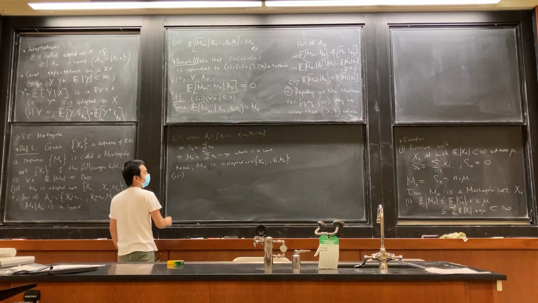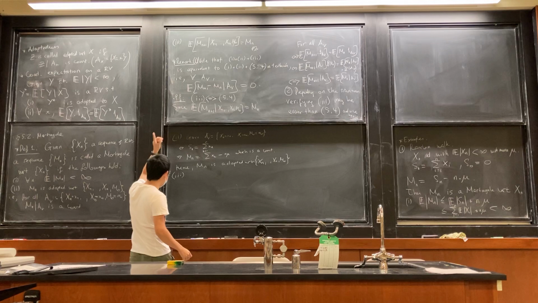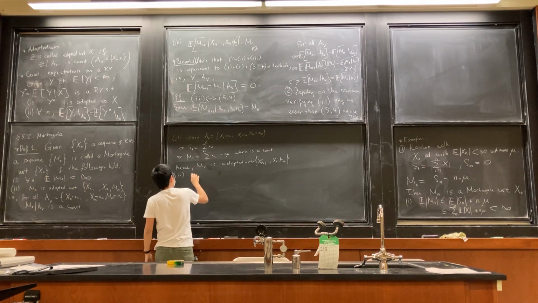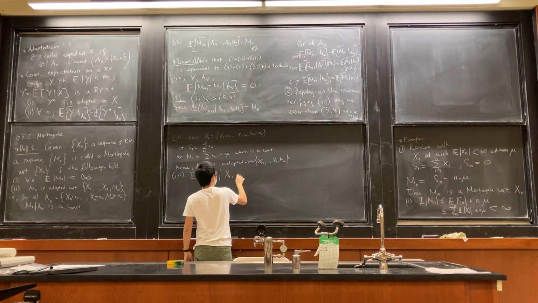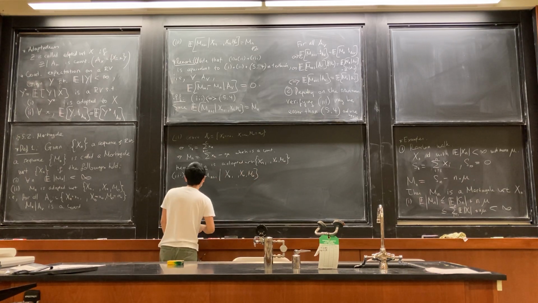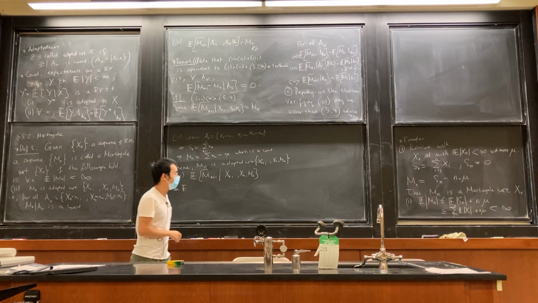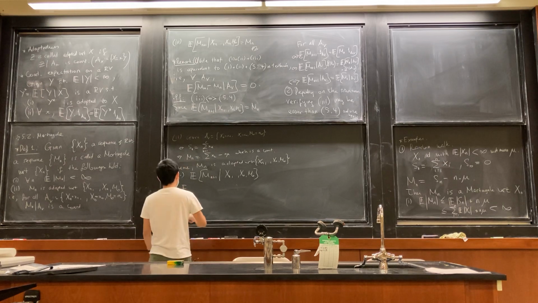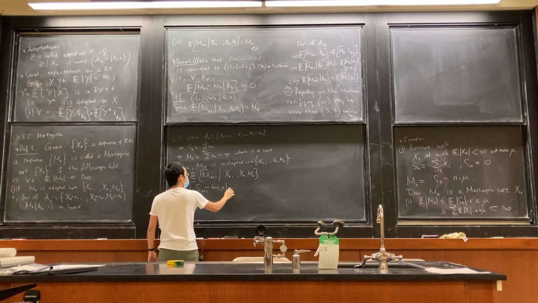Now 3. I would go with condition 3 above. So I have the expected value of M_{n+1} conditioned on X_n, ..., X_0. First I'm going to rewrite M_{n+1} using that formula, namely S_{n+1} minus (n+1) times mu, conditioned on this.